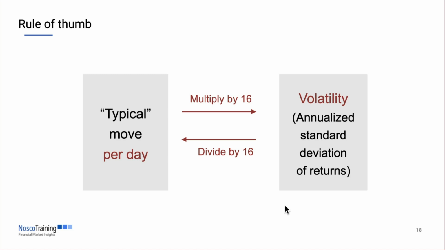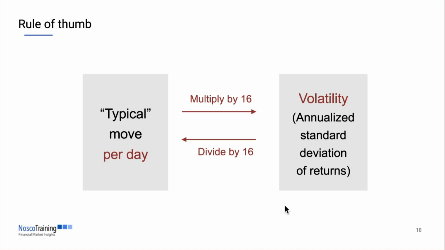All the traders know that if I see a typical move per day of, say, 1%, then the volatility is 16%, because it's very easy to go from daily move to annual move. You just multiply by 16 to go from daily to annualized, and you divide by 16 to go from annual to per day. Right? That was the rule.